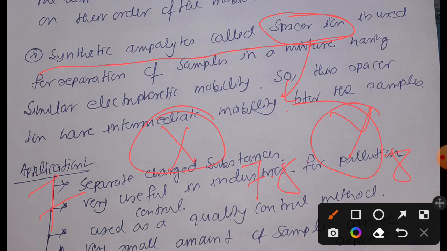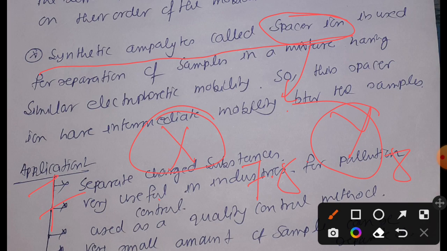Okay, but in such a way, by using spacer ion, that is a synthetic ampholyte, you can separate samples that have very minor differences in their electrophoretic mobility.